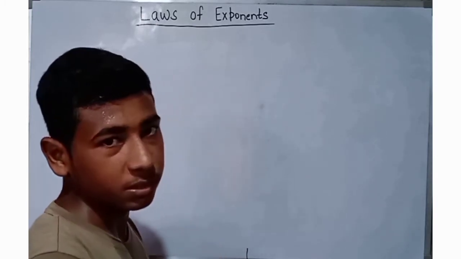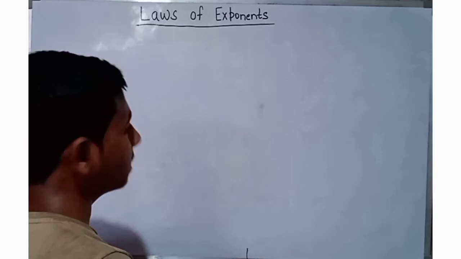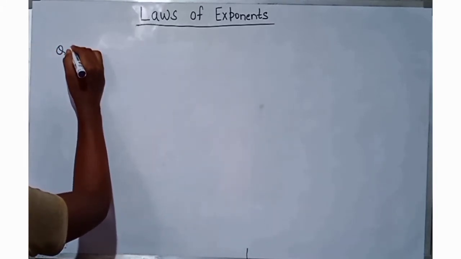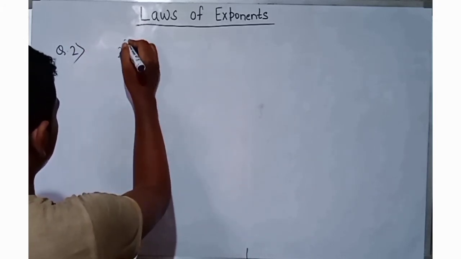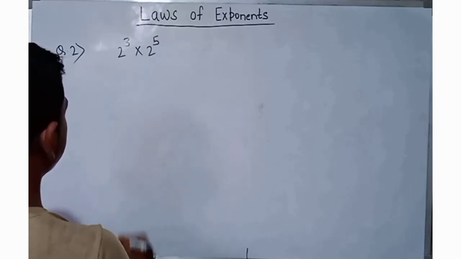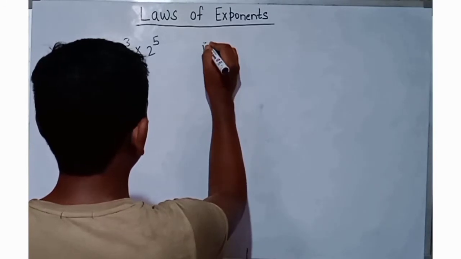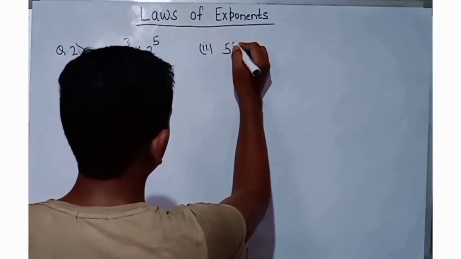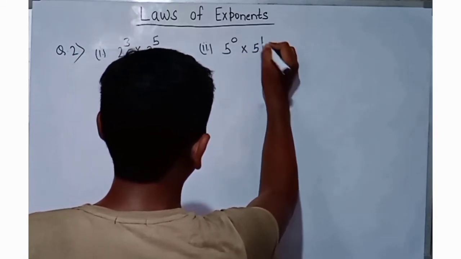Now we are going to see another question on the basis of laws of exponent. Question number 2: 2 to the power 3 into 2 to the power 5. This is part 1, and the second part is 5 to the power 0 into 5 to the power 1.